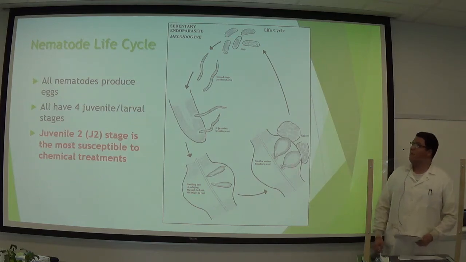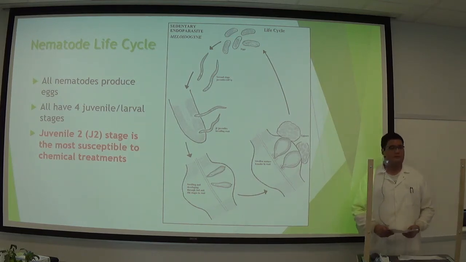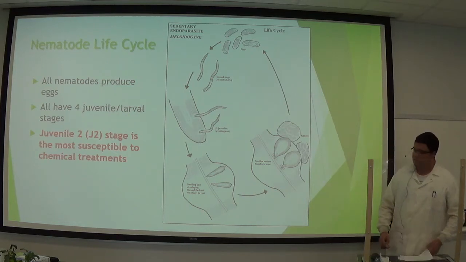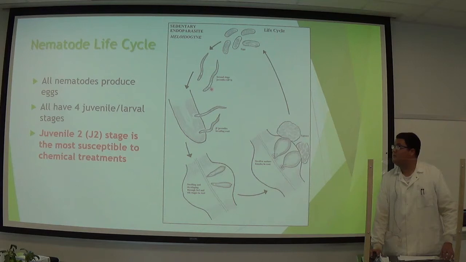You've got your eggs up there in the soil. The eggs are pretty well protective of whatever's growing inside, because they have a very thick cell wall and enzymes to protect them. But when the juveniles are out in the dirt, they're completely exposed, so any chemicals that you spray into the soil or put into the soil are going to affect the J2 stages.